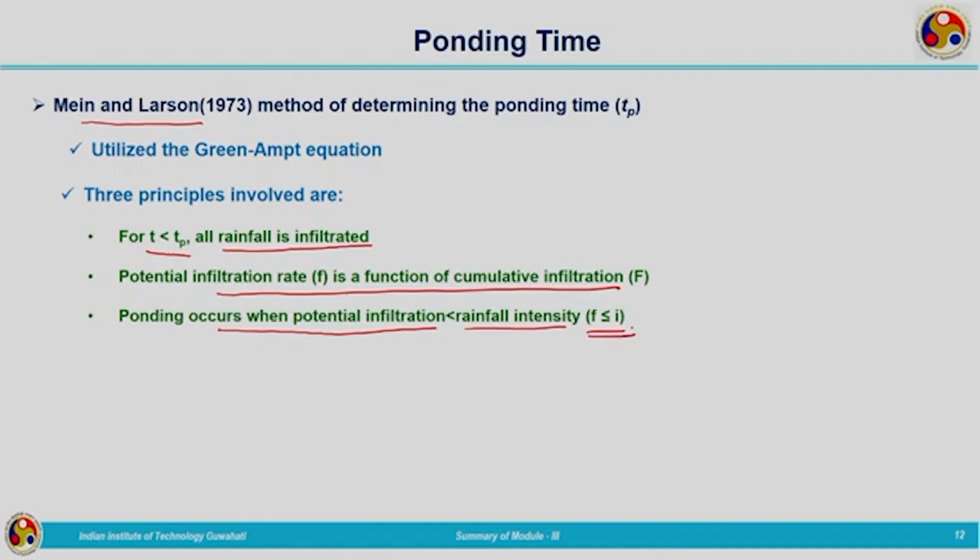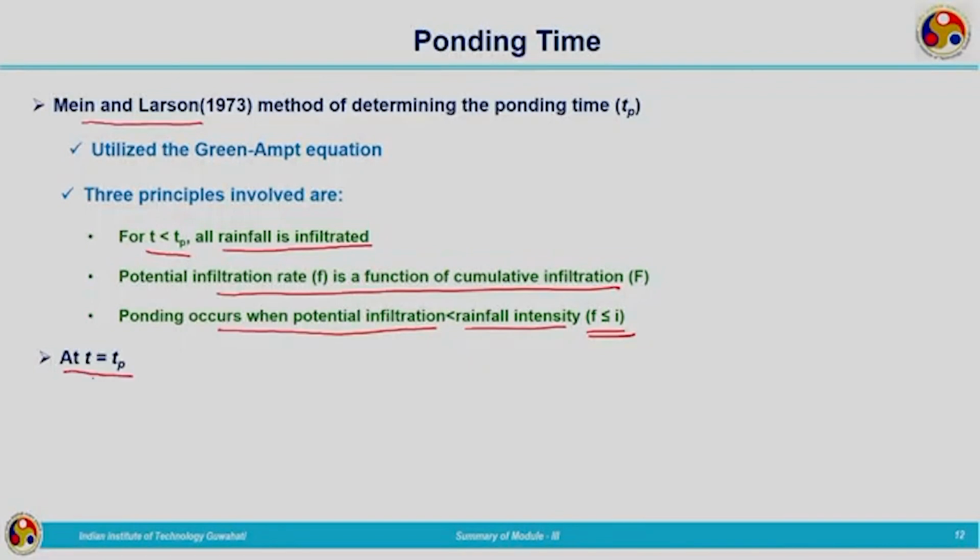f is less than I means the intensity of rainfall is more, so infiltration is at a potential condition. At time t equal to Tp, the ponding time, we can assume that f is equal to I, the infiltration rate is equal to the intensity of rainfall I, and the cumulative infiltration, the total amount of water infiltrated, can be computed by multiplying the intensity of rainfall with the ponding time.